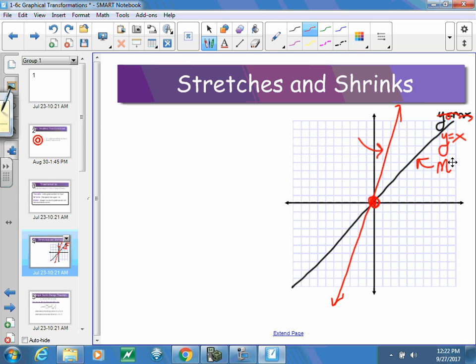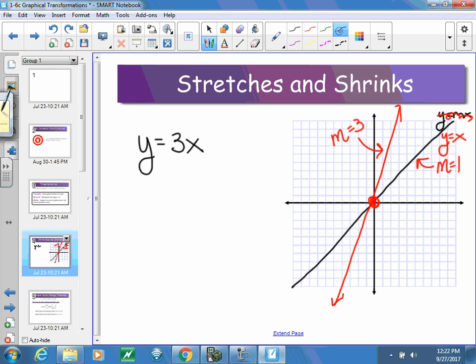And by making this a stretch, our slope is going to get steeper. So here we can say this is a slope of 1. It looks like approximately here we have a slope of 3. It looks like I'm going up 3 and over 1. So with a vertical stretch here, we'd have a steeper slope, and that function then would be y is equal to 3x plus 0.